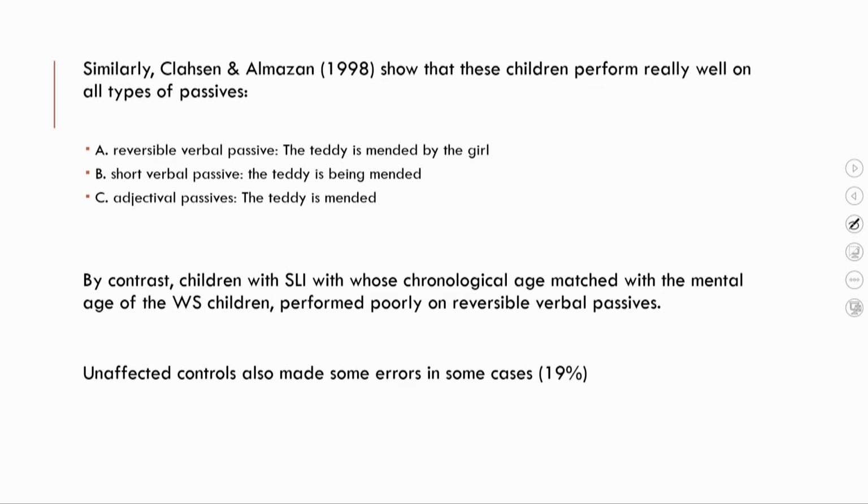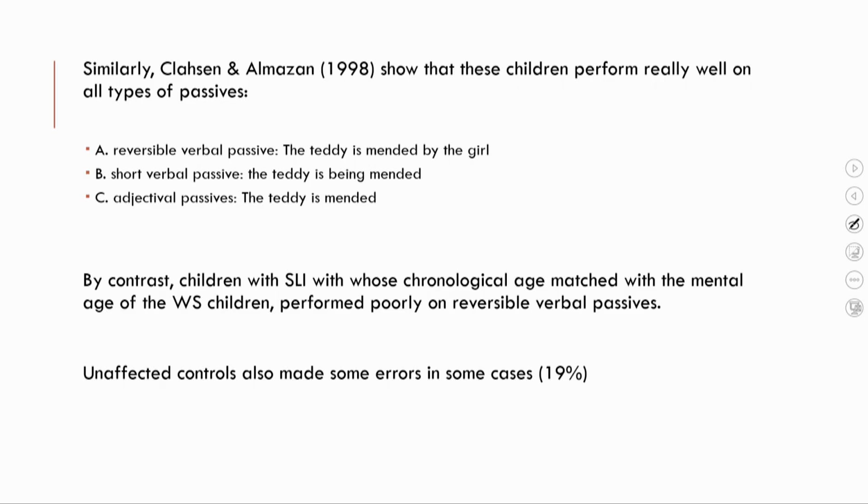Passives are a difficult domain. We have seen it while looking at syntax, that children take time to learn passives, and we also have cross language differences in terms of at what age they learn it. In case of WS children, they do pretty well. So, reversible verbal passive, the teddy is mended by the girl. This kind of cases they do well.